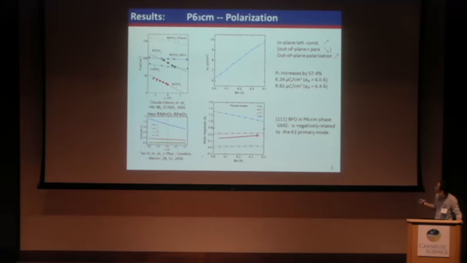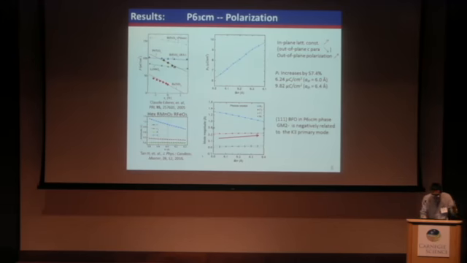When increasing the in-plane lattice constant, the primary K3 mode decreases, while the polar mode, the gamma-2 minus polar mode, increases. It's different from here. So yeah, this might be the direct reason for the increase of the polarization.